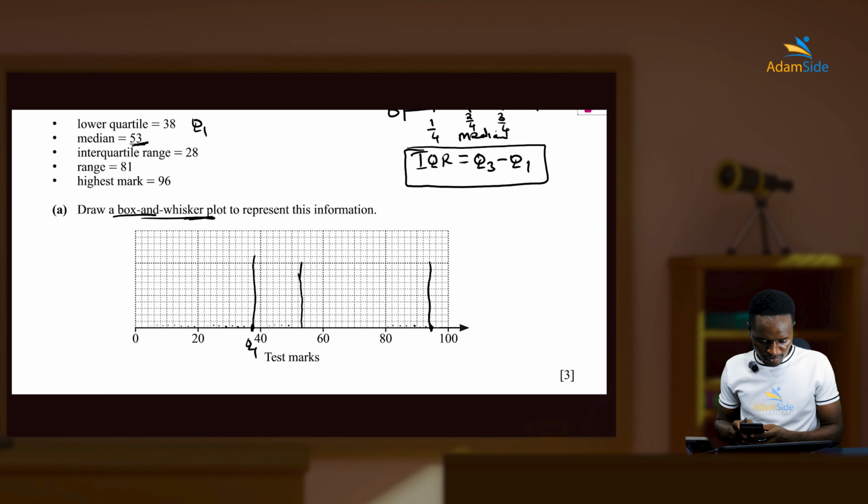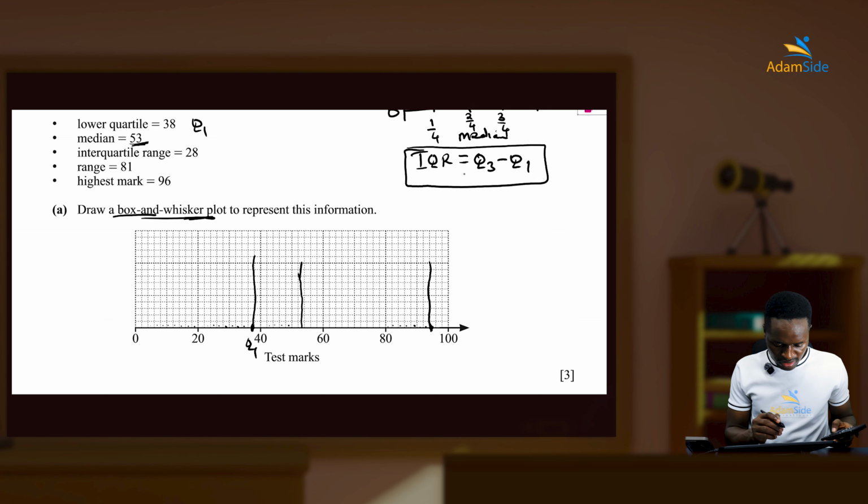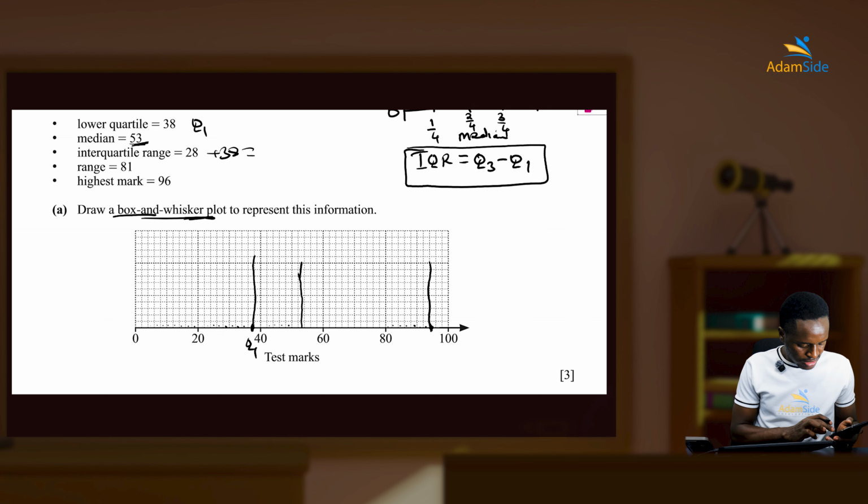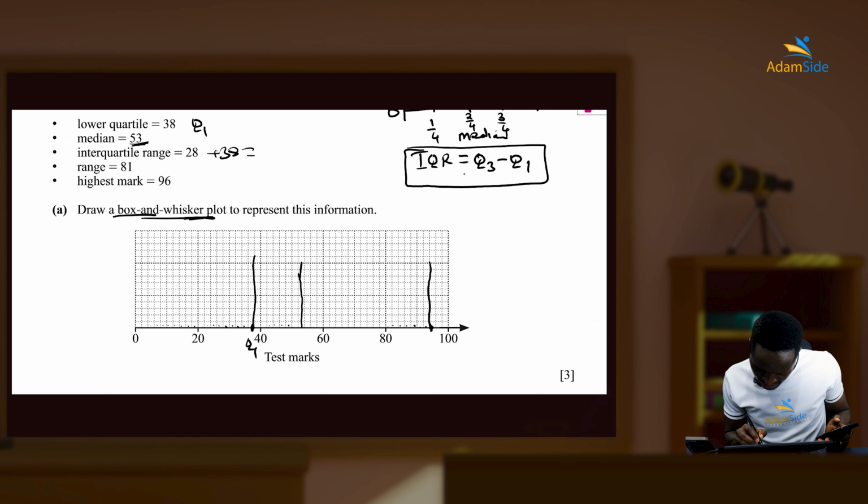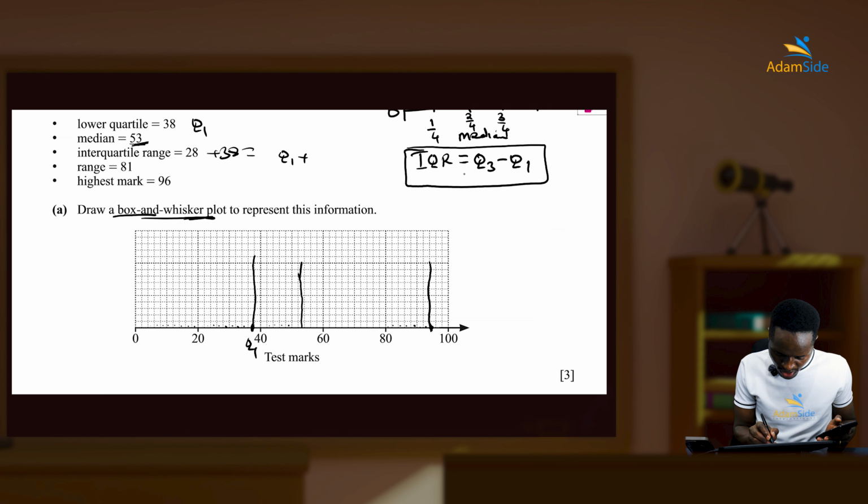The interquartile range is Q3 minus Q1. Our Q1 is 38 and the interquartile range is 28, so you take Q1 plus the IQR to get Q3: 28 plus 38 gives the upper quartile, 66.